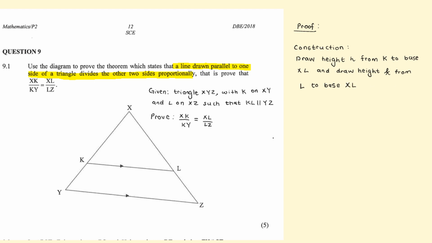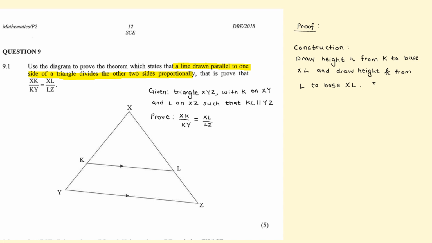Remember from primary school, you were taught that the base of a triangle can be any side of the triangle. It doesn't necessarily have to be the bottom side. You can choose the base to be this, and then the perpendicular distance is from that base to the opposite vertex. So this is the construction.